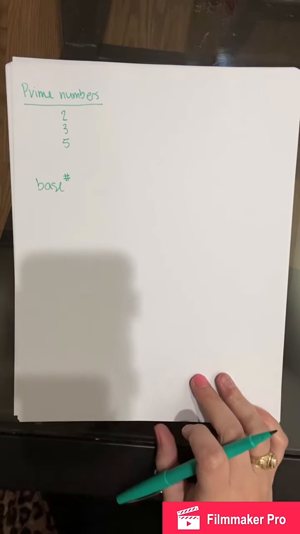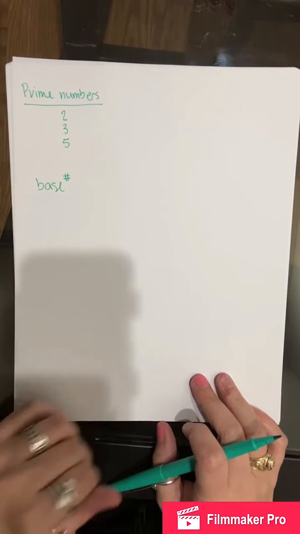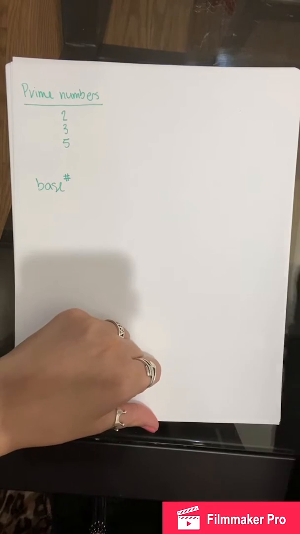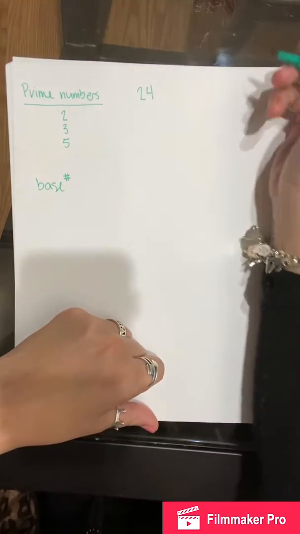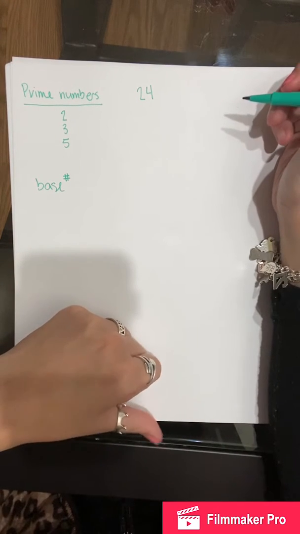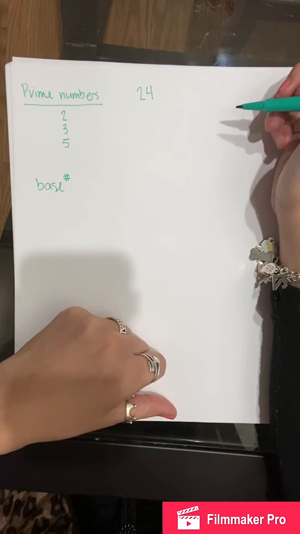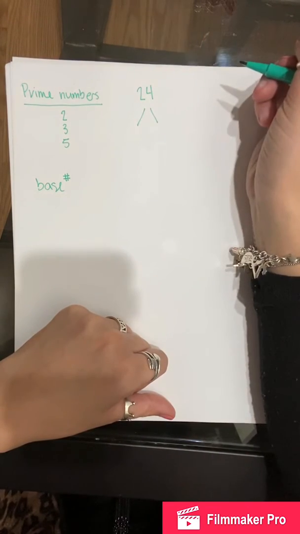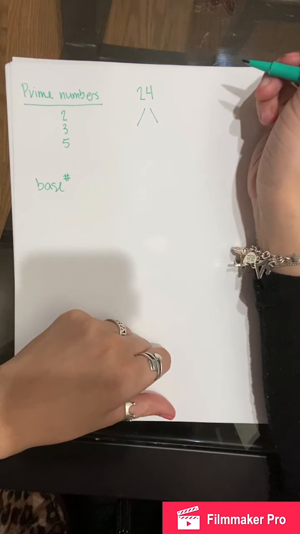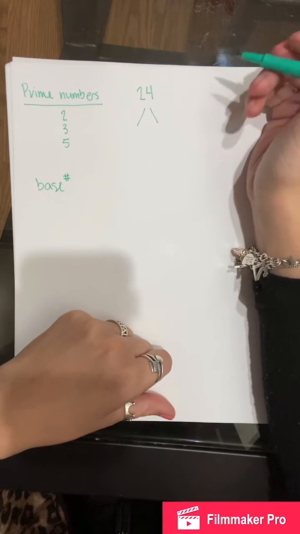Okay, so let's start with something a little different. Okay, how about 24? Okay, 24. Now this has many ways. We're going to work through one together, and you may get something different, but as long as your equation at the end is the same, it is okay.